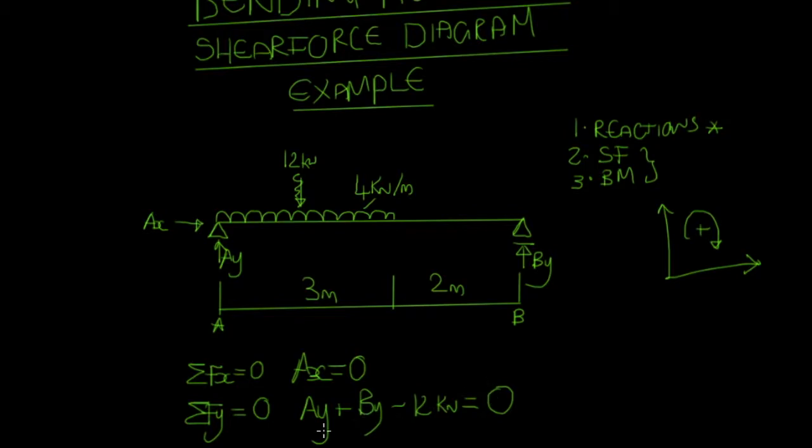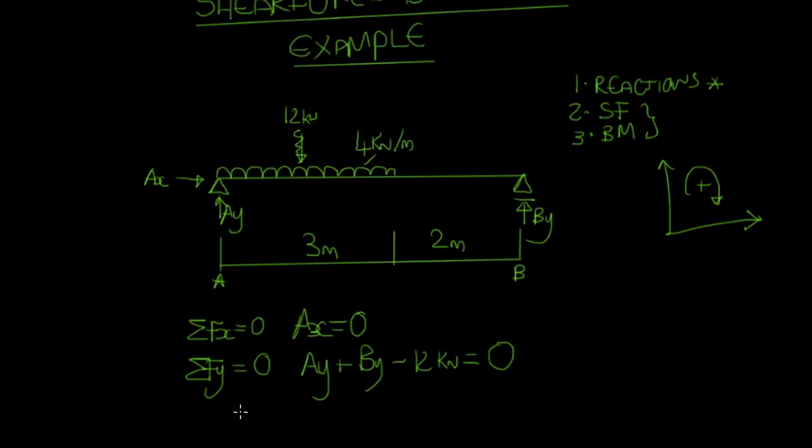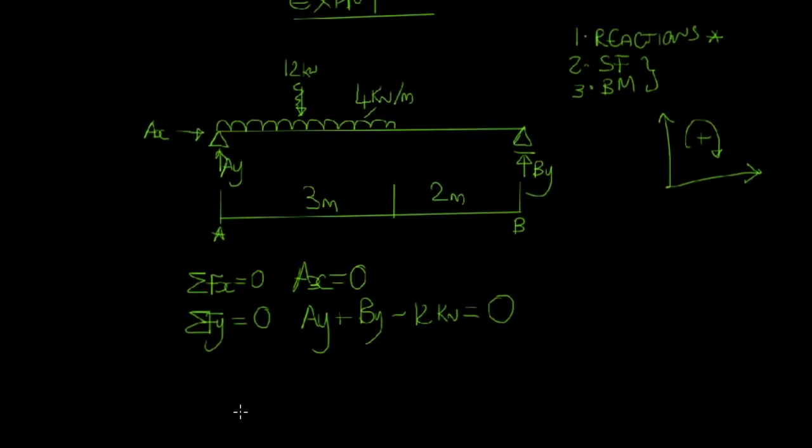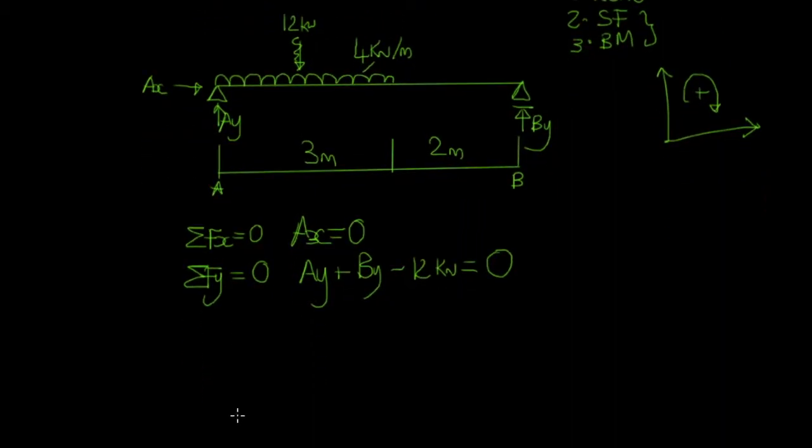Now to find A and B, we don't know what they are at the moment. There's a simple method to calculate these. We know both our supports are pinned, so we're going to have a moment of 0. If we take the sum of moments at support A, so MA equals 0, we can then find out what BY is.